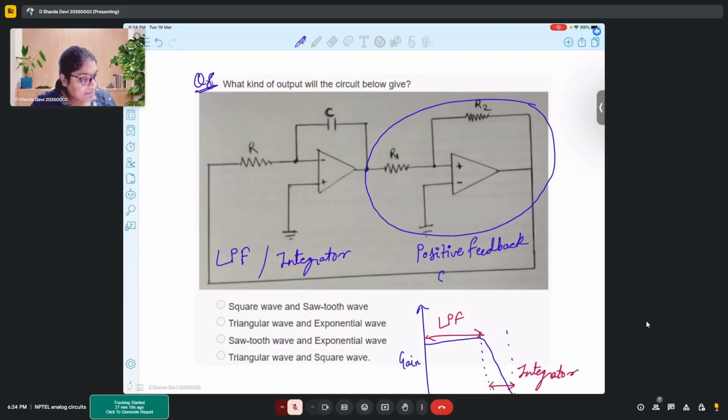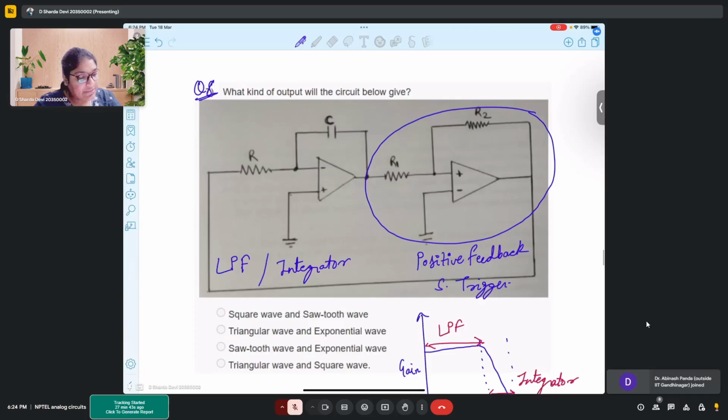Isn't it a Schmitt trigger? Where you have positive feedback and two resistors, and based on these feedback resistors, you will have the values. So this is a Schmitt trigger.